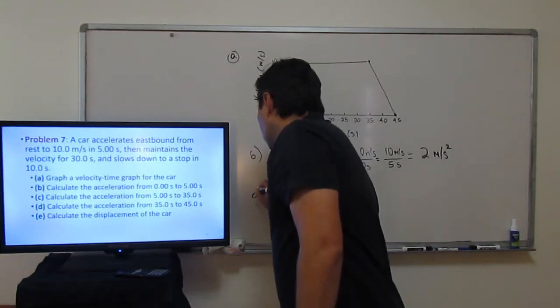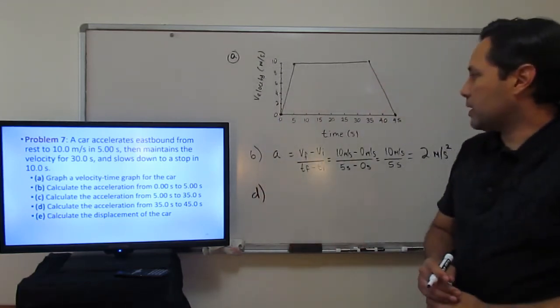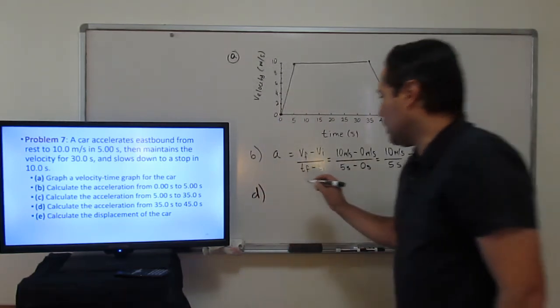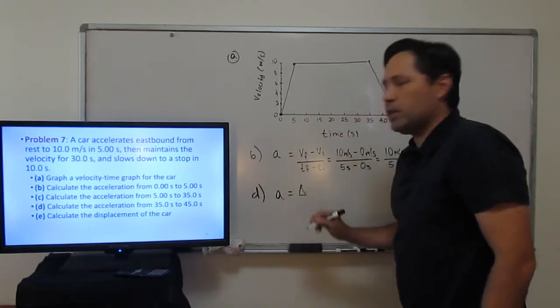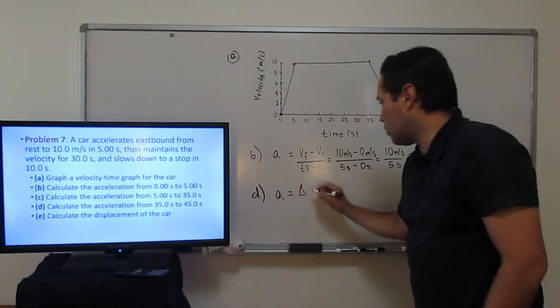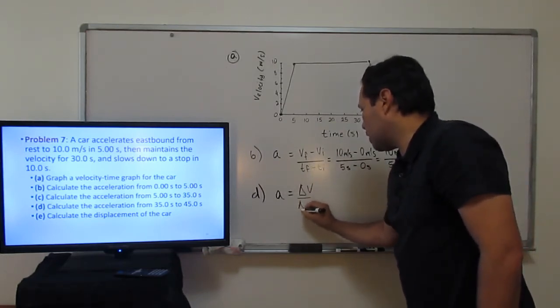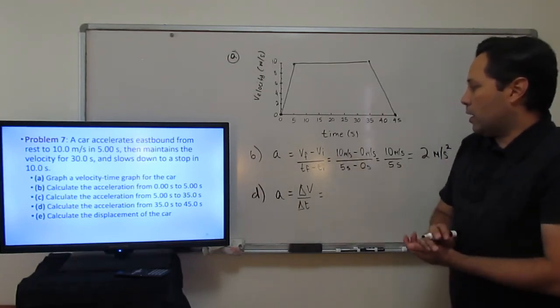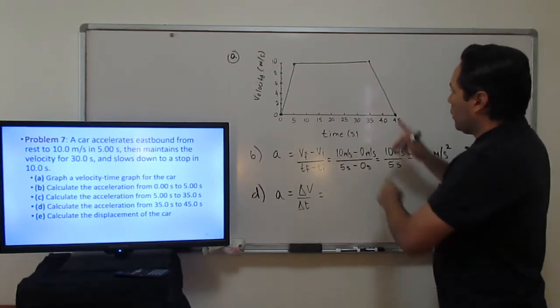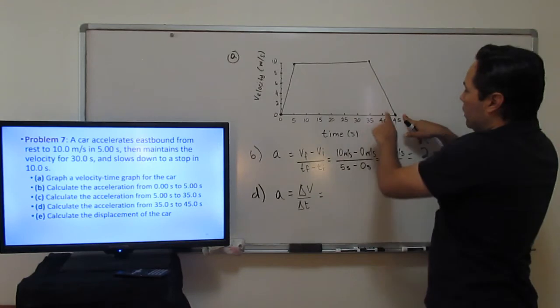So part D, the acceleration is going to be the same formula. Rather than putting this, delta means change, so final minus initial. So change in velocity over change in time. I'm going to use those symbols instead. They mean the same. Alright, so let's start with here.